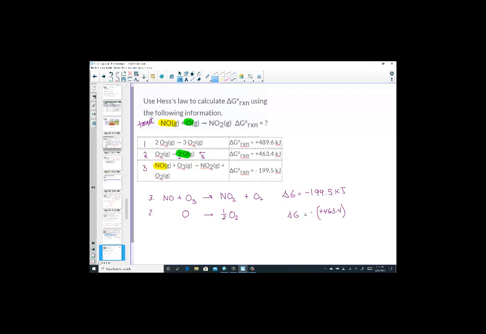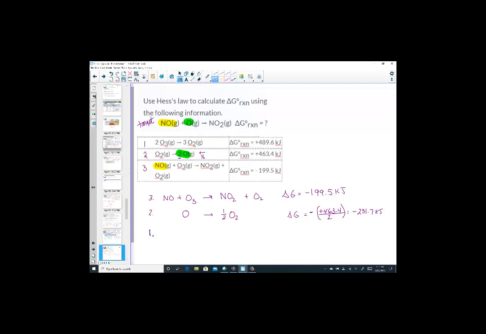But I reversed the direction, so I'm going to take the opposite of the sign, and I distributed a 1/2 through those coefficients, so I have to cut that in half as well. So the delta G, when I reverse and distribute a 1/2, now becomes, what's half of 463.4? Cut in half is 231.7. And it now becomes negative since we reverse the direction.